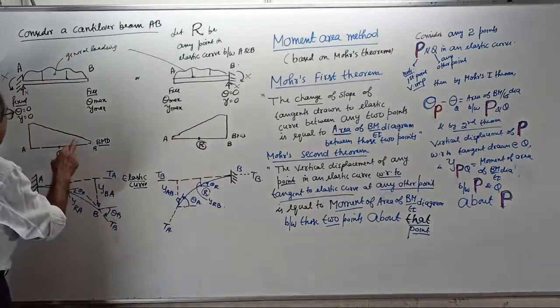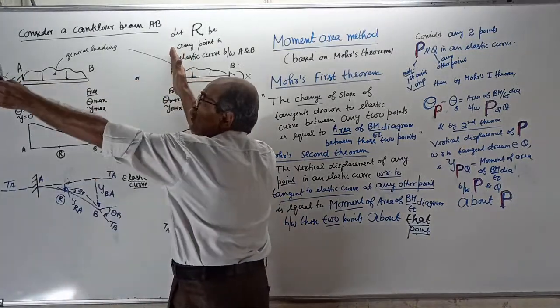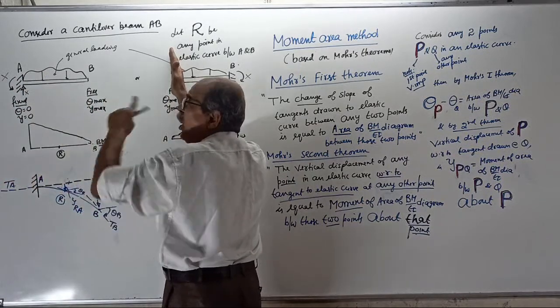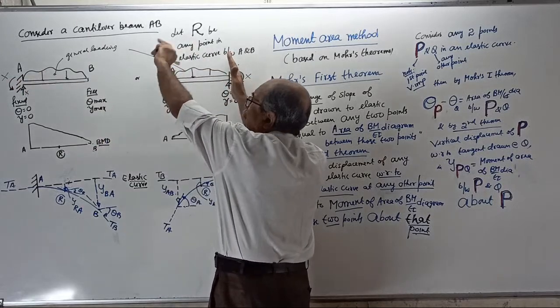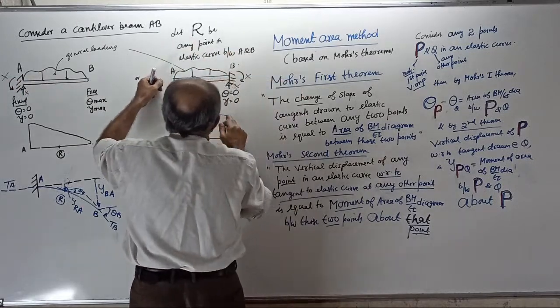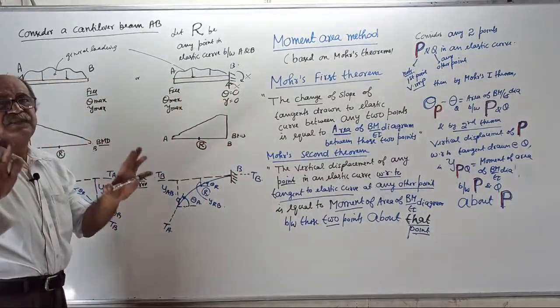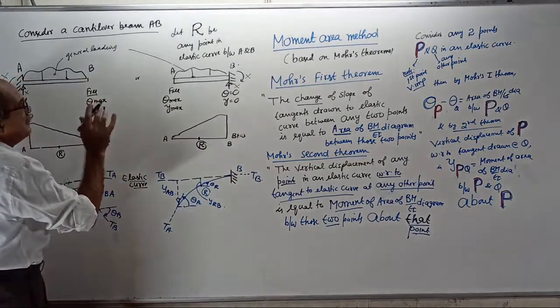So, random BMD. Here also, see. BM at A. Look this side now, the free-hand side. It is either 0 if there is no couple here, or some couple. Come here. Look this side. The moment of all this load will give the BM here. Again variation. Now, under normal case, remember I am discussing a normal, not an abnormal case.